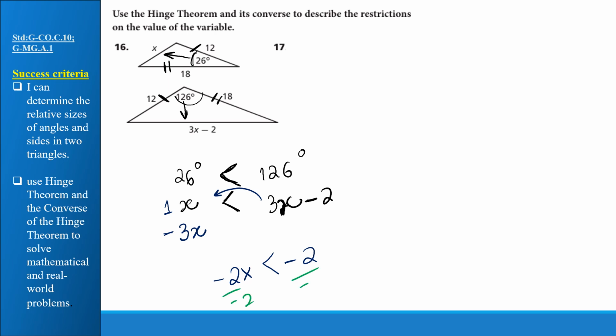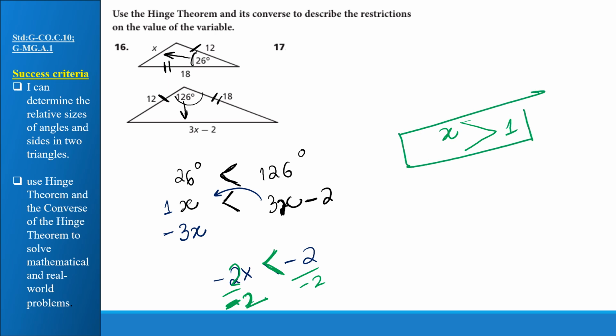And when we divide or multiply by any negative number, the sign of inequality changes. So rather than less than, now we will have bigger than. Negative 2 divided by negative 2 gives you 1. So this is the possible range: any x is acceptable which is bigger than 1.